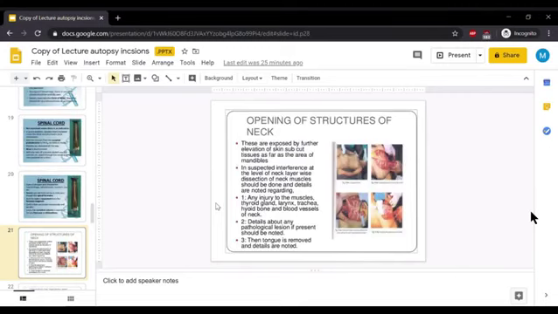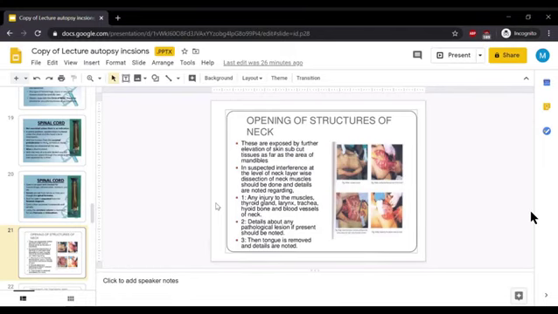So now we have examined the skull cavity. How will we now open the neck? These structures are exposed by further elevation of the skin and subcutaneous tissue as far as the area of the mandible.